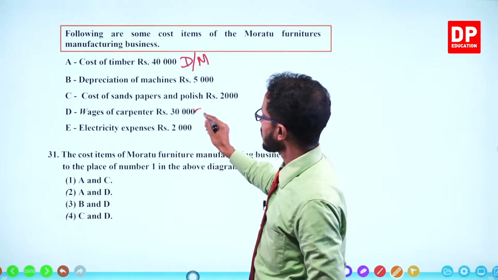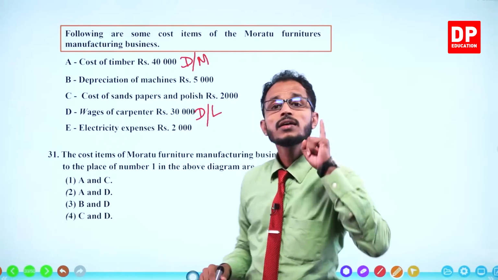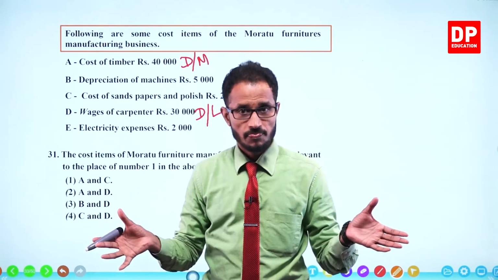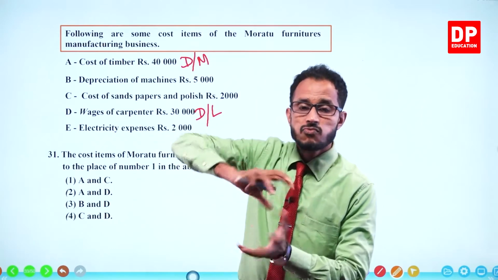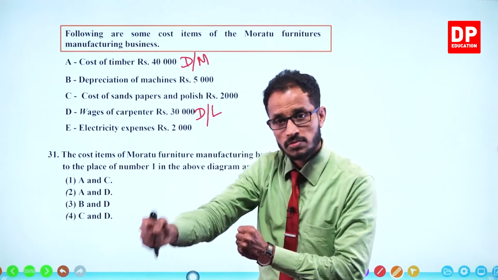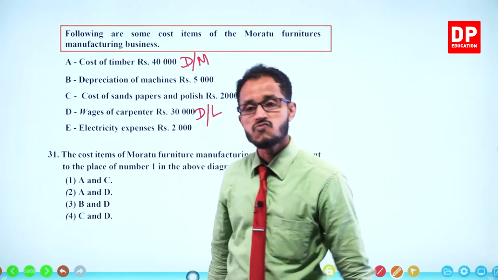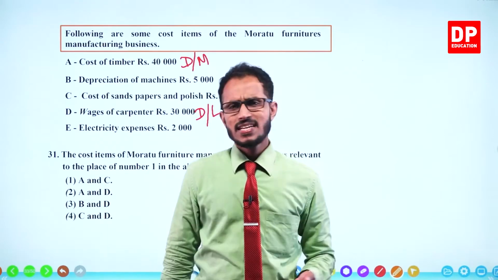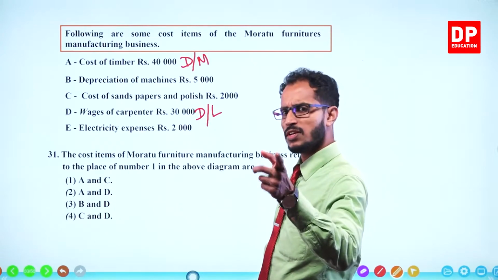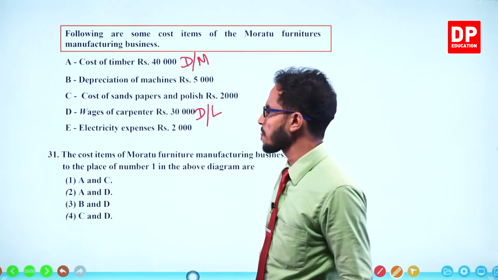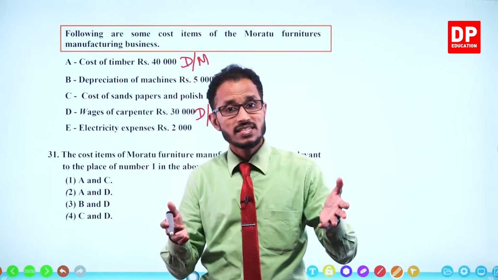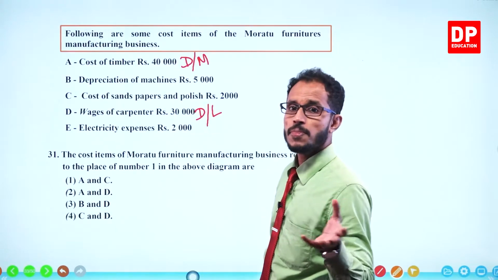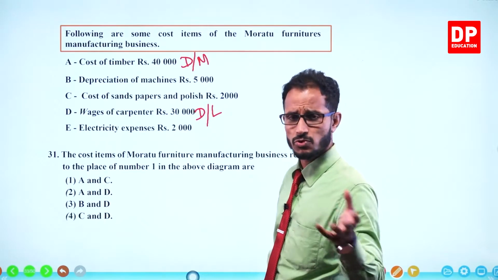Then we have a direct labor right here. If the product they are producing is furniture, who is getting involved hands-on, who's having the production work? The carpenter, the direct laborer. If the business is a furniture making business, the main products are wooden furniture items.